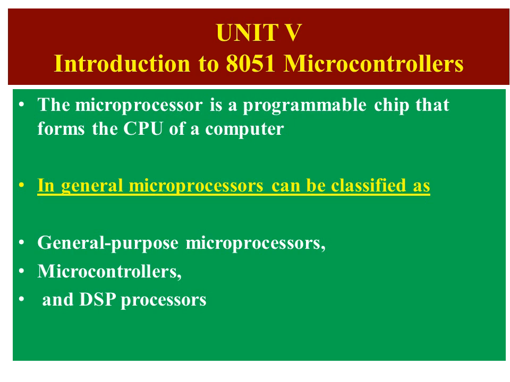Now we will see what general microprocessors are available and how they are classified. Generally, microprocessors can be classified in three ways: general purpose microprocessors, microcontrollers, and digital signal processing processors.